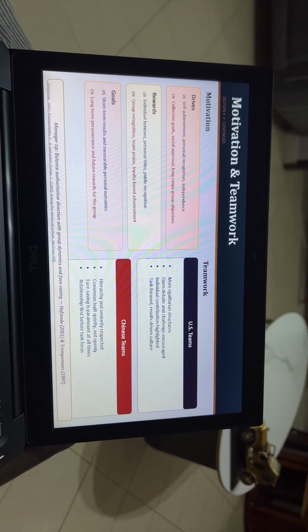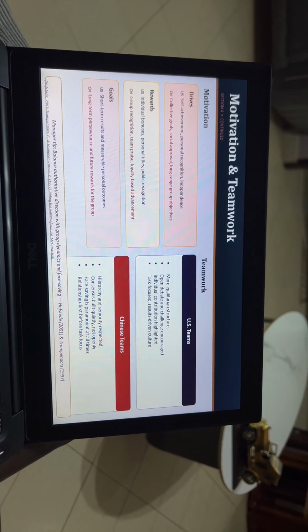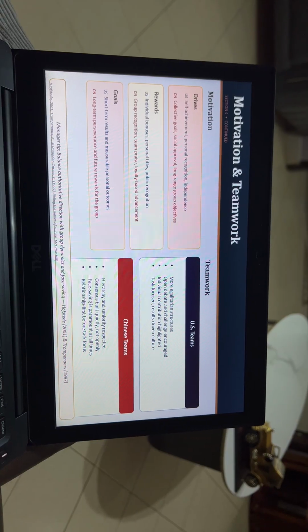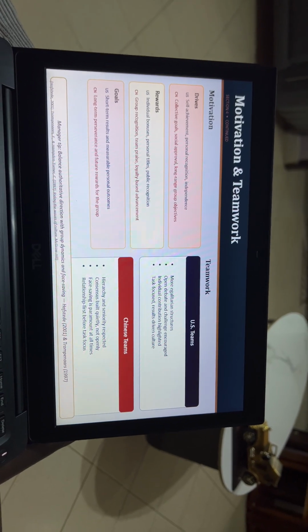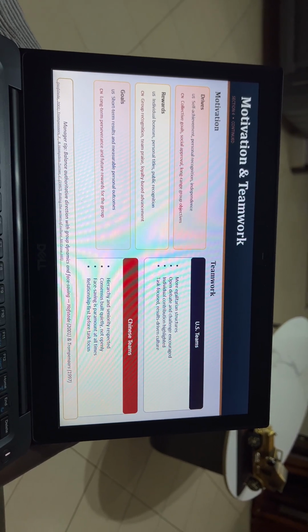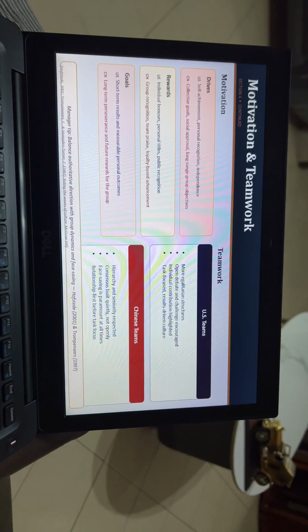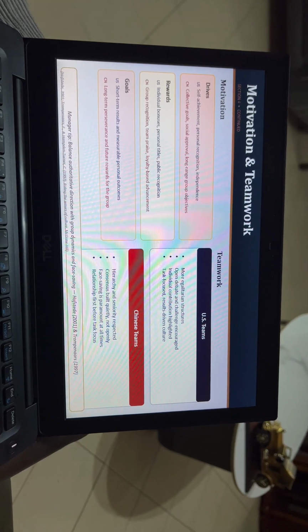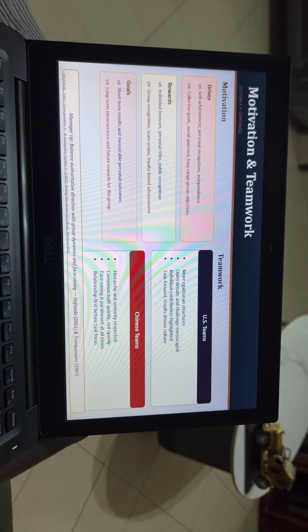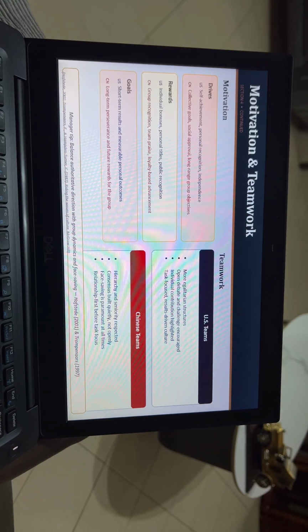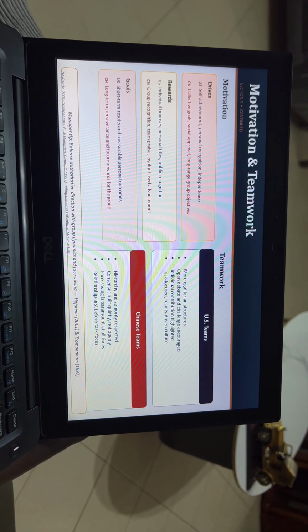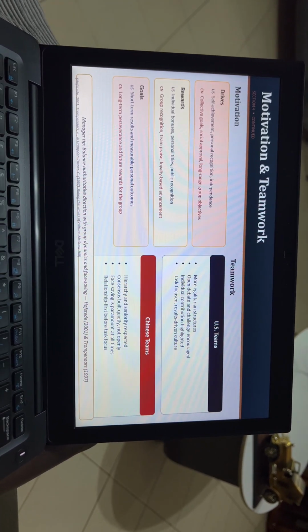If you look at teamwork, in US, it's more egalitarian in nature. They have open debates. Individual contribution is highlighted. Task-focused, result-driven culture.